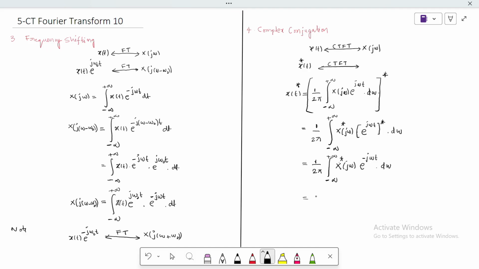So I'm writing it like this: 1 by 2 pi integral of minus infinity to plus infinity, changing omega to minus omega, of the conjugate of x of minus j omega into e power j omega t into d omega. This is x of t complex conjugation, which equals the complex conjugate of x of minus j omega.